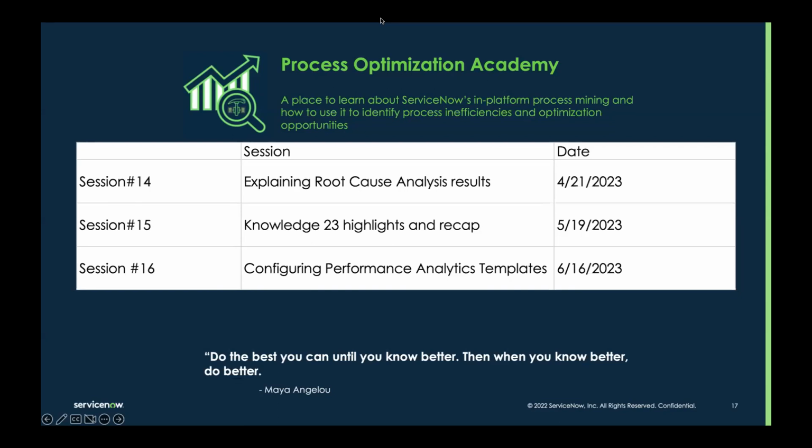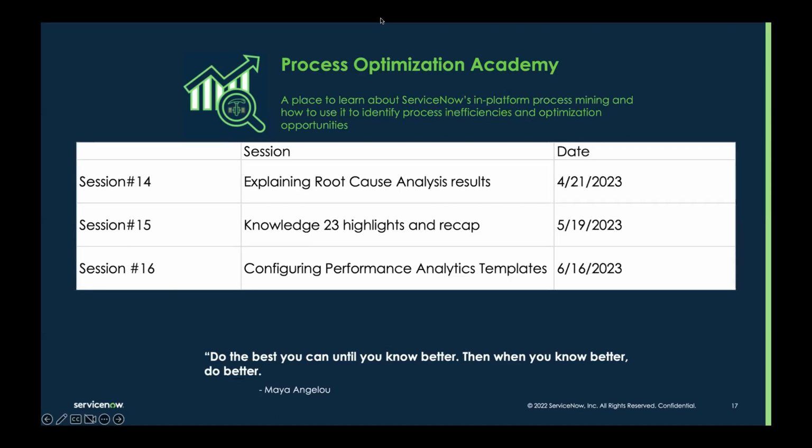I've gotten a lot of questions from customers around how to actually read the results and what this is telling me. So I thought it would be good to spend a session on explaining what the root cause analysis results are telling us and how to actually use them to take action moving forward.